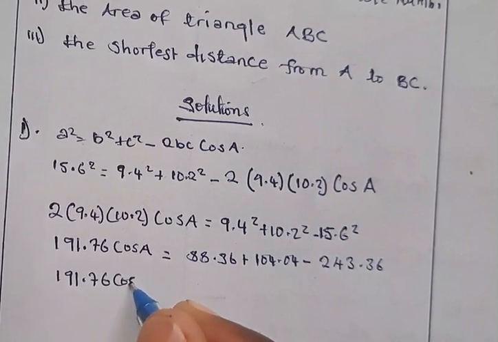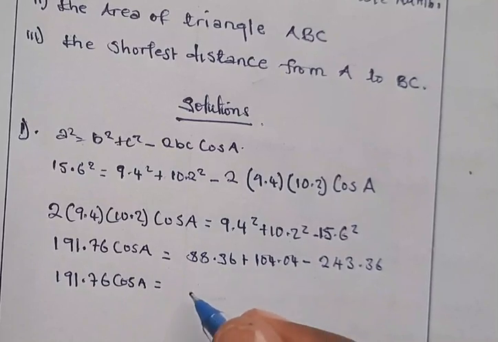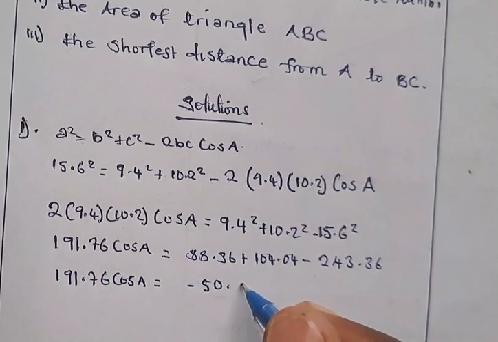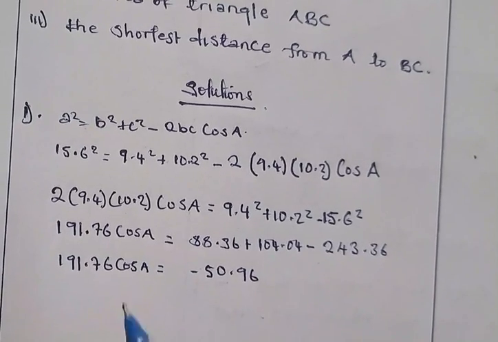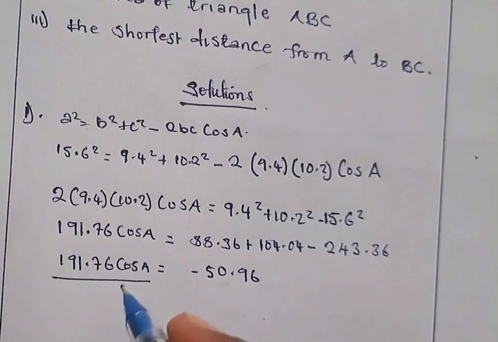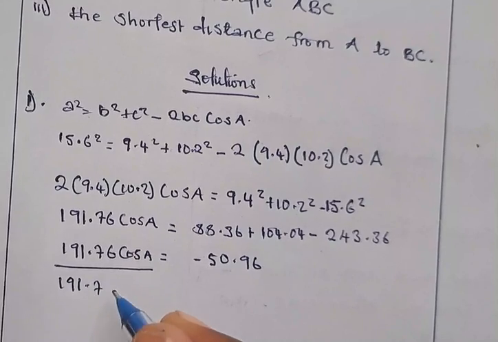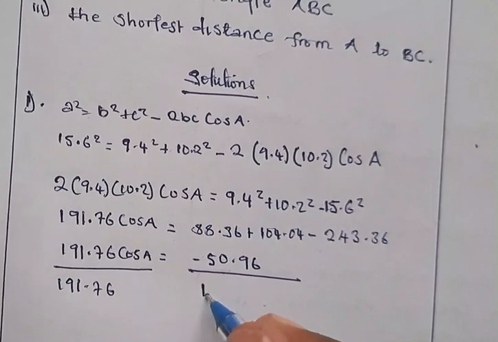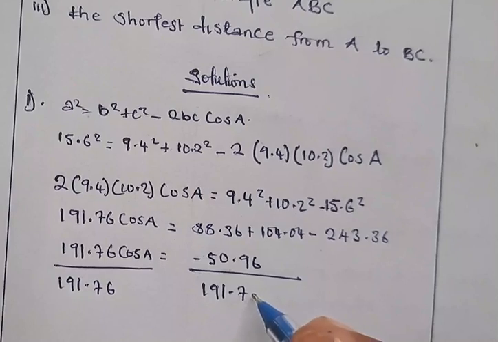So when we simplify them further, we're going to have 191.76 cosine A is equal to, the whole of this will give us something like negative 50.96. Then what do we do? We divide both sides by 191.76.